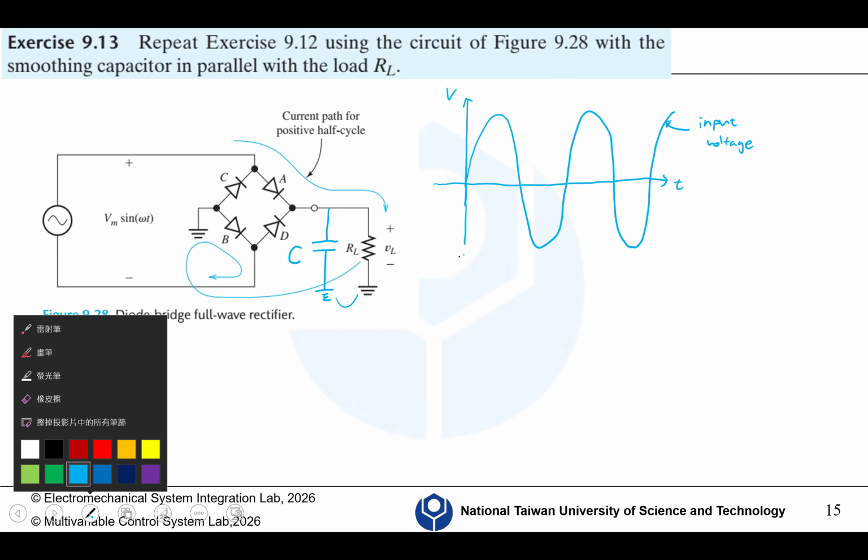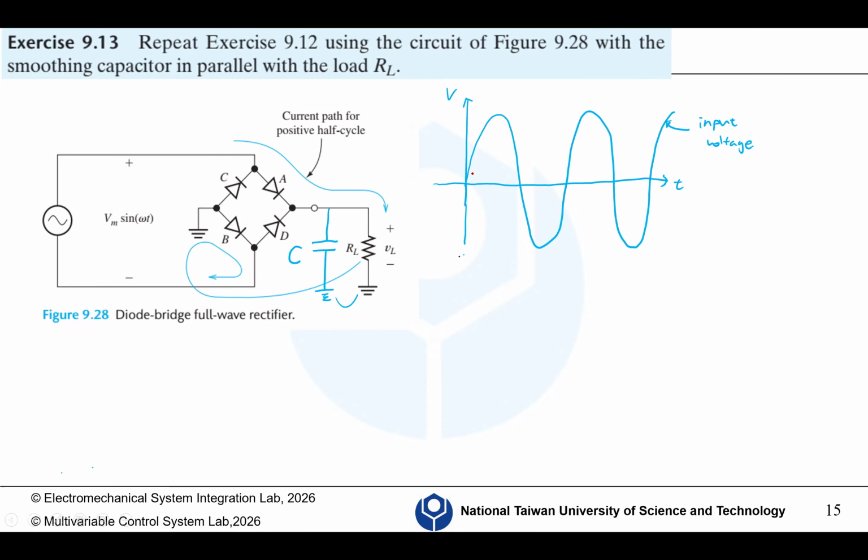And we have the output voltage. So the output voltage will have, let's consider the voltage drop here. If you remember, for forward and reverse bias, it always goes through two diodes, which means the voltage drop will be 1.4.